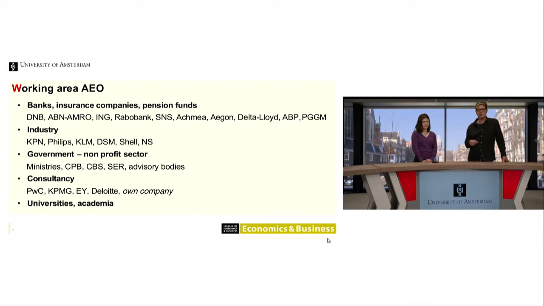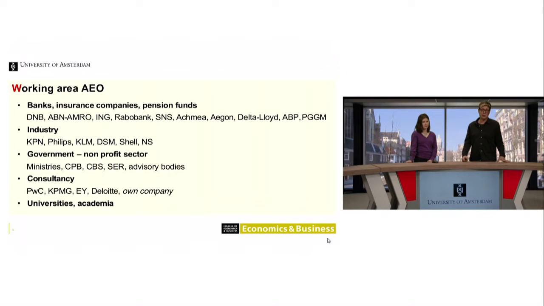So what are these working areas? Where do you find econometricians? Well, basically, econometricians and actuarial scientists are working with large data sets. So you will find them in business areas where there's a lot of data.